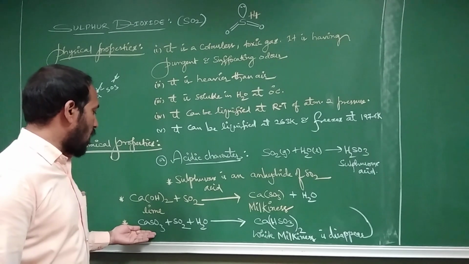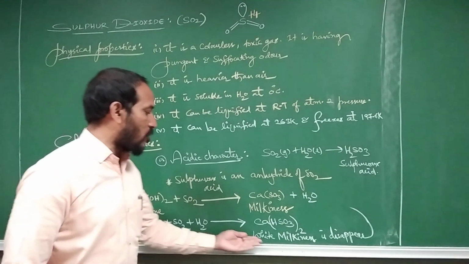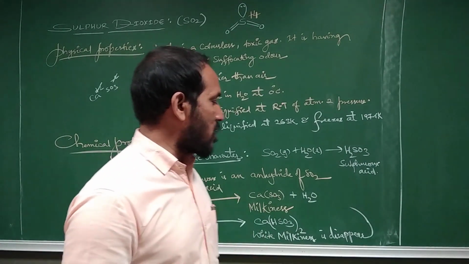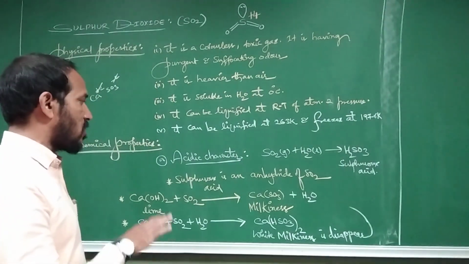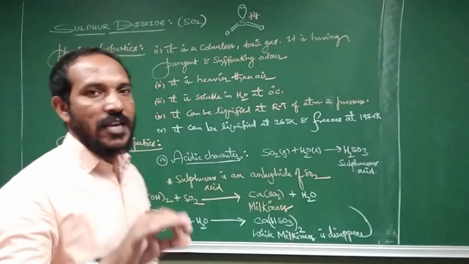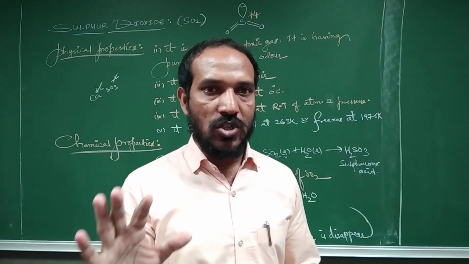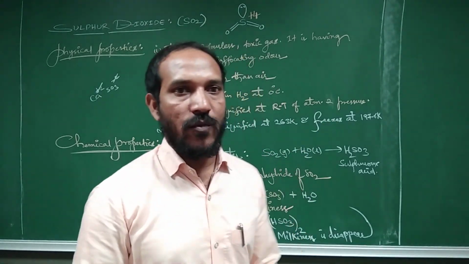Here also calcium sulfite is further treated with sulfur dioxide and water to form calcium bisulfite. That is, the white milkiness disappears, and this is one of the confirmation tests that sulfur dioxide has acidic character or acidic nature. So thus I hope the concept is clear for everyone.